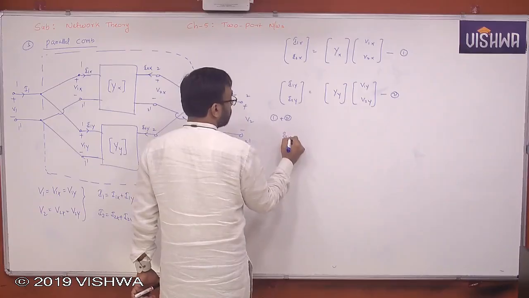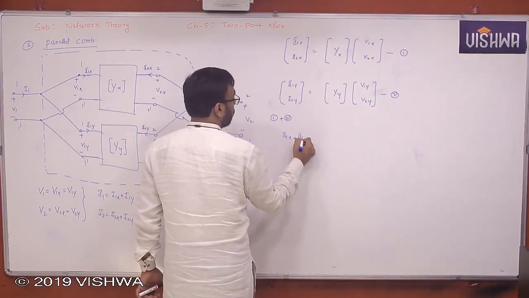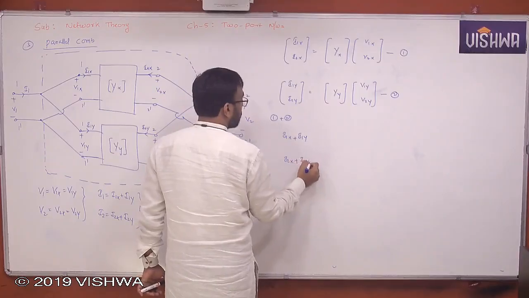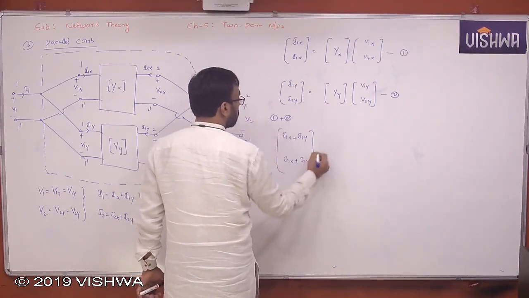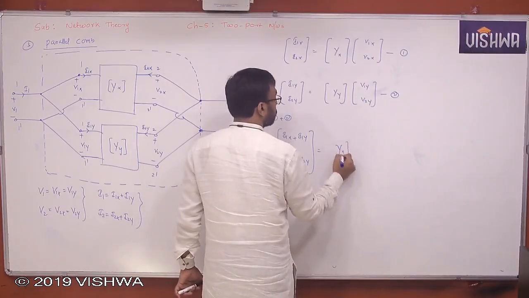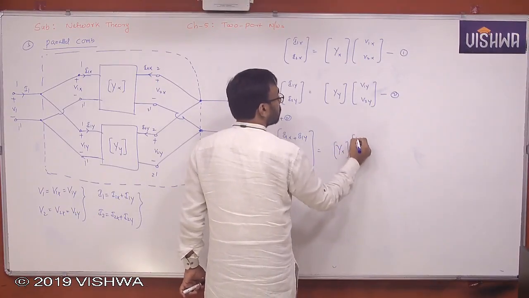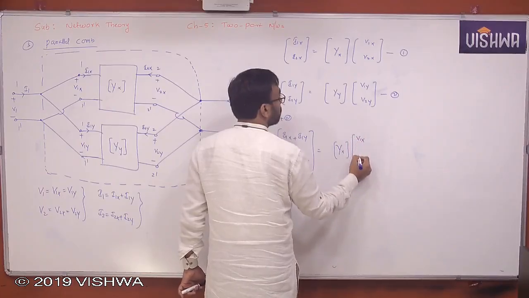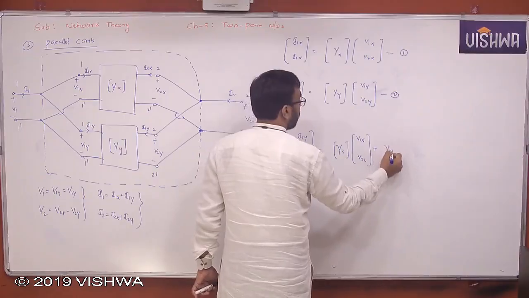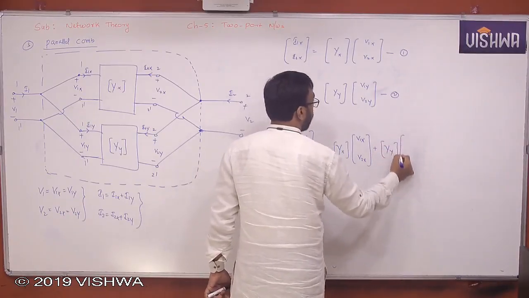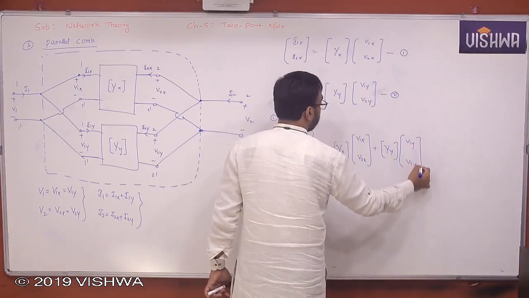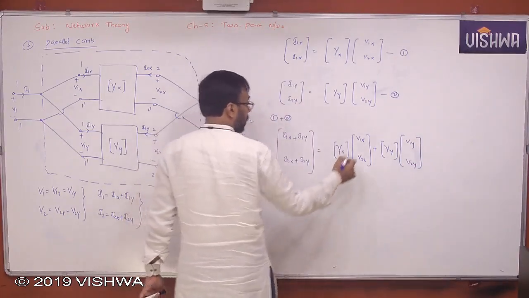I1x plus I1y, I2x plus I2y is equal to yx into V1x, V2x plus yy into V1y, V2y. But what is V1y, V2y?